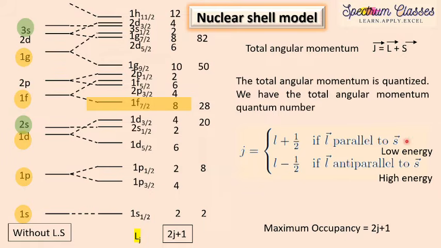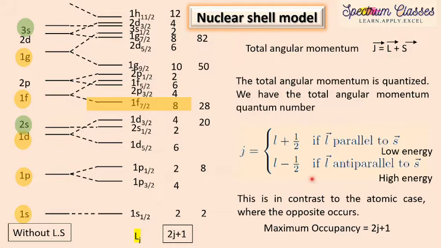If L is parallel to S, then we have L plus S, and if L is anti-parallel to S, then we have L minus S. And here S is equal to 1/2. So the values for this total angular momentum quantum number are L plus half and L minus half. Here, in the case of the nucleus, L plus half is of low energy, whereas the L minus half J value is high. In the case of atoms, we have the opposite situation.